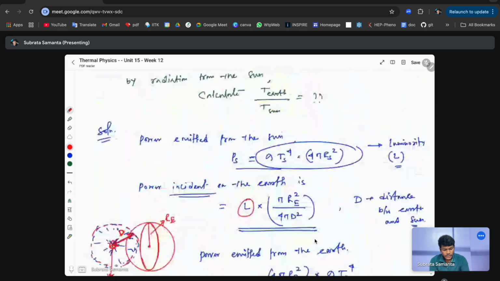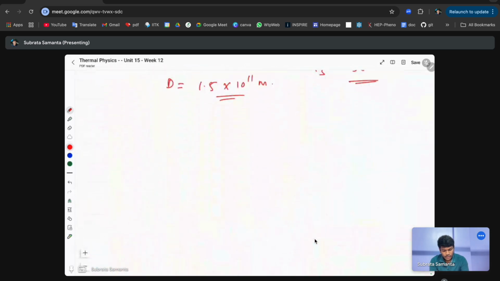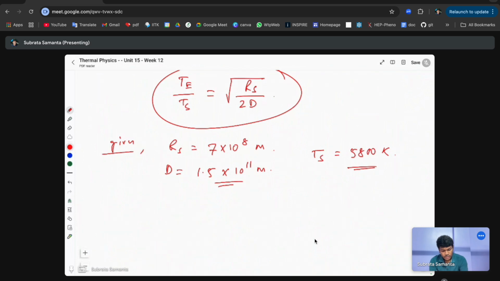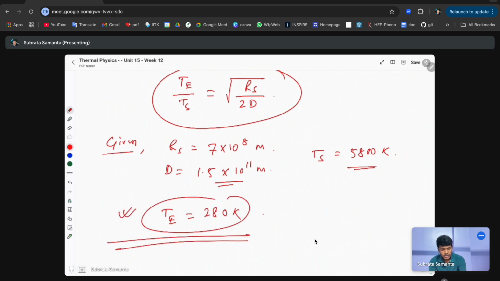Given this data, you can easily compute Te, the earth temperature, which is basically 280 Kelvin. So please cross check this.